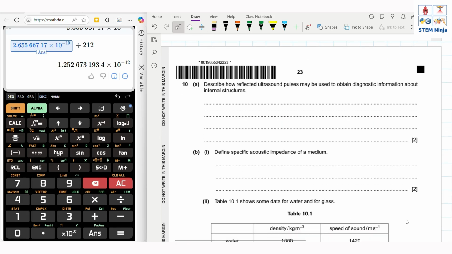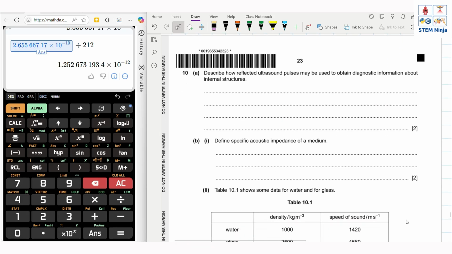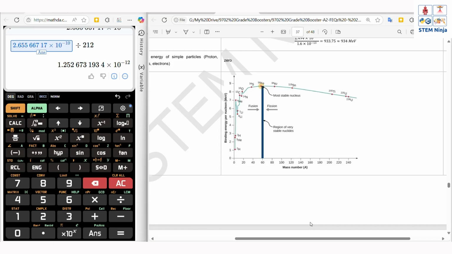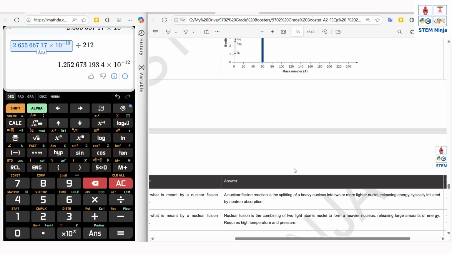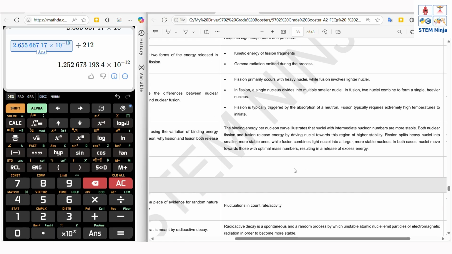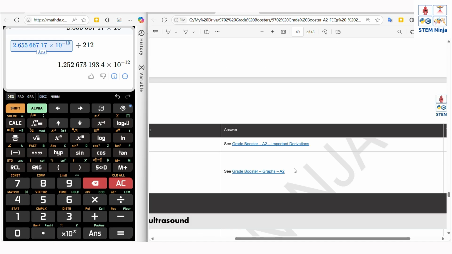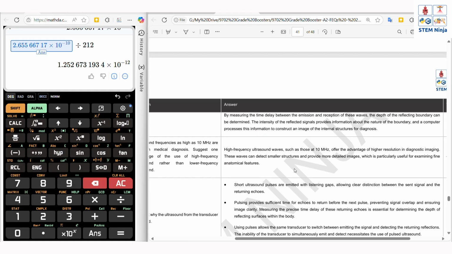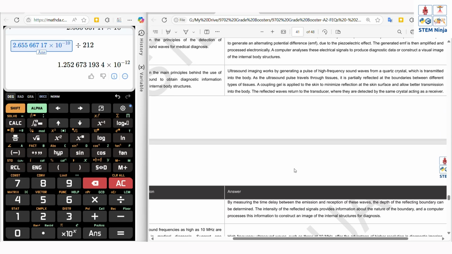The last question. Describe how the reflected ultrasound pulses may be used to obtain diagnostic information. This is an interesting question which we have also covered. Reflected ultrasound pulses can be used two ways. Their timing and their intensity are both used for different purposes.